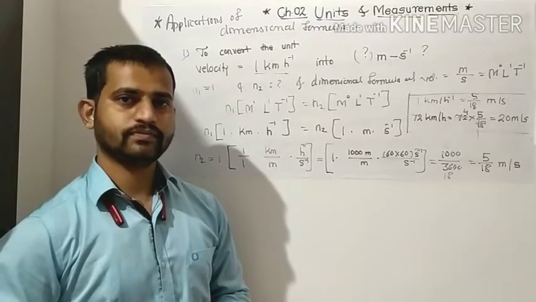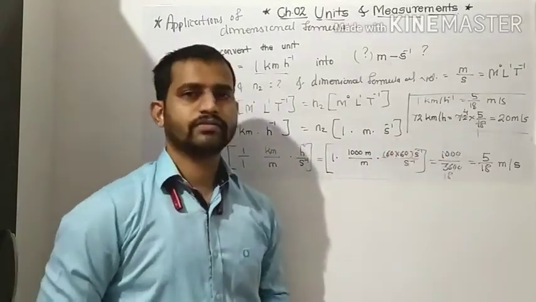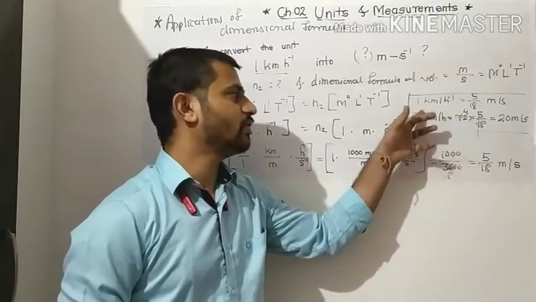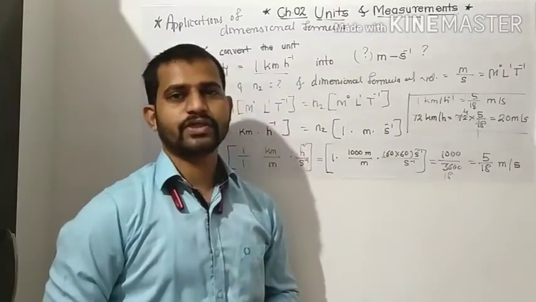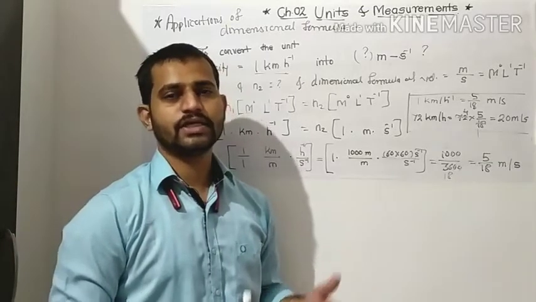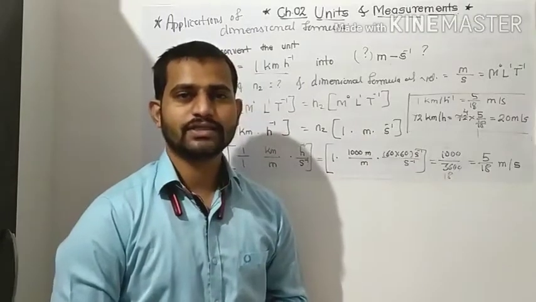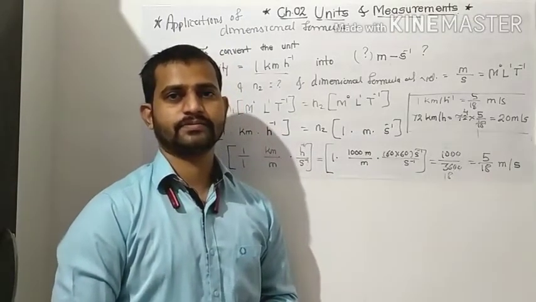Okay, in practical units it is 72 kilometer per hour, but these are the practical units of our velocity. We have to convert this into the SI system. So for that purpose, 72 kilometer per hour we can convert into the SI system, that is 20 meter per second.